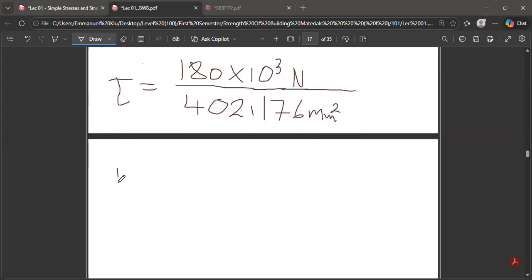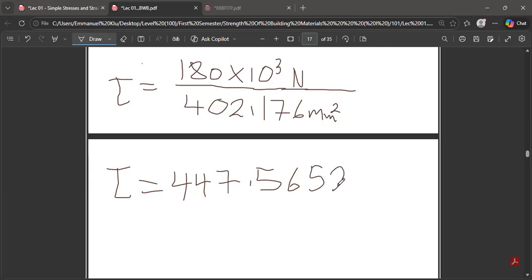And the one who was able to leave the answer in more decimal places is also going to get more marks. So let's say our answer is 447.565. Let me maintain 5 decimal places, Newton per millimeter squared. Okay, so let me write it this way.